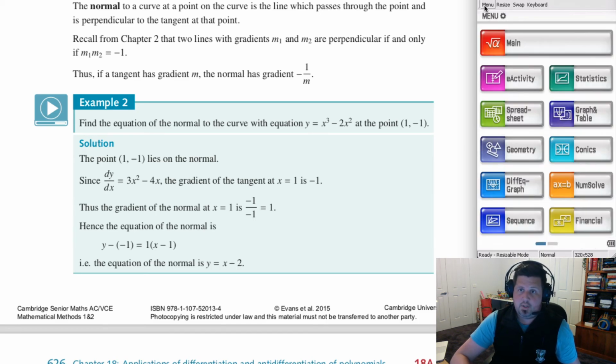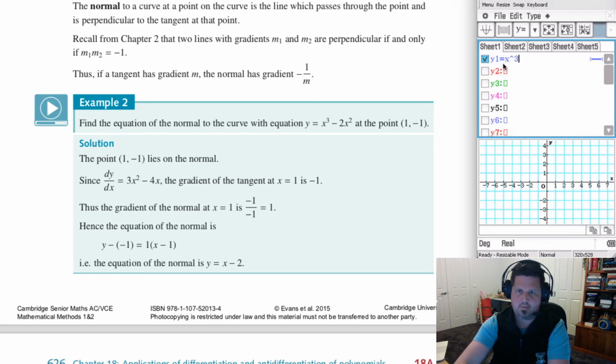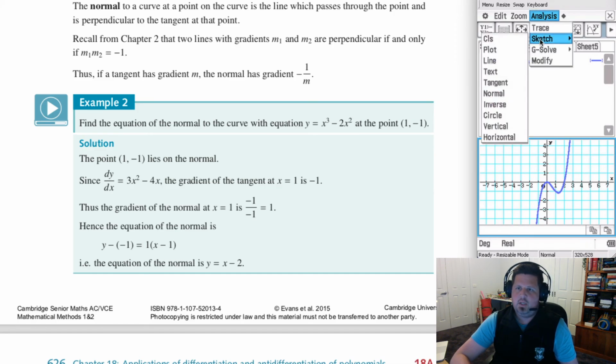Using the graphing functionality, again it's a matter of sketching the graph, x to the power of 3 take away 2x to the power of 2. We can go to analysis, then sketch. This time we're not after the tangent, we're after the normal.